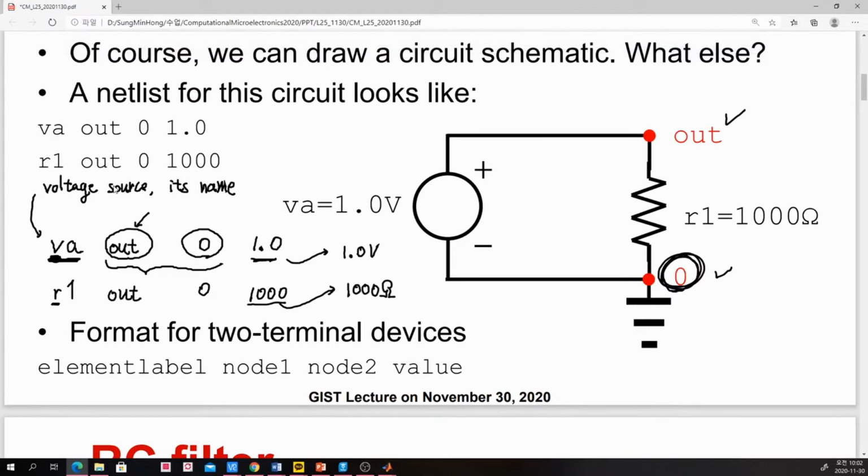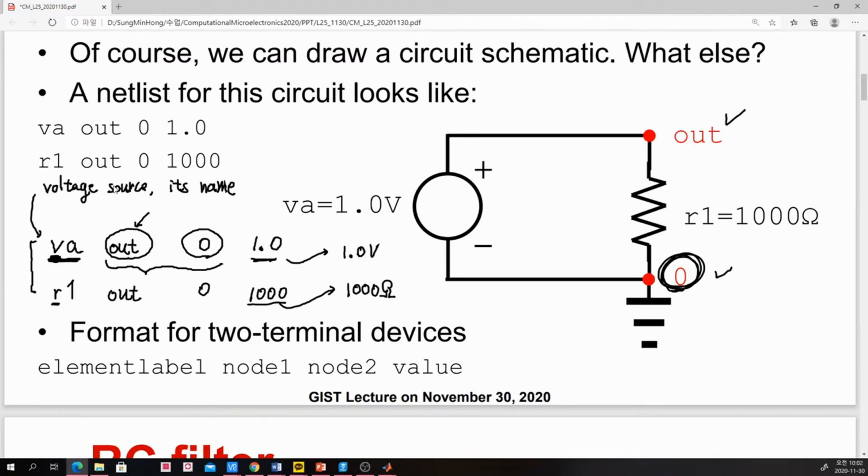And you can see that, expressed compactly in these two lines, we can completely describe this circuit.